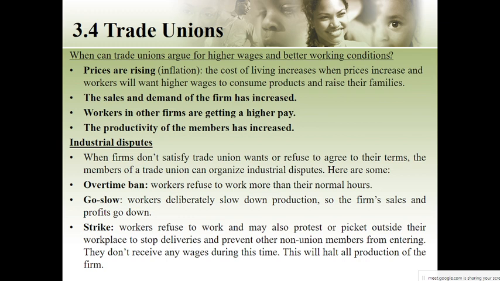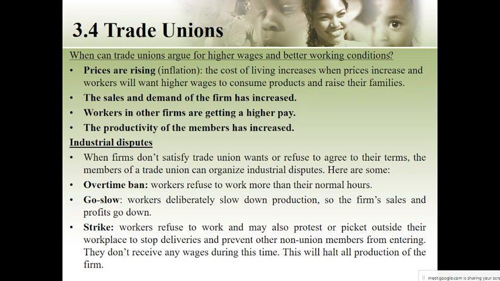So overtime ban, if the organization is not going to pay you, what will happen? You can't resist employees from sitting extra time or spending extra time in the organization. So workers refuse to work more than their normal hours. Got my point? The next is go slow.